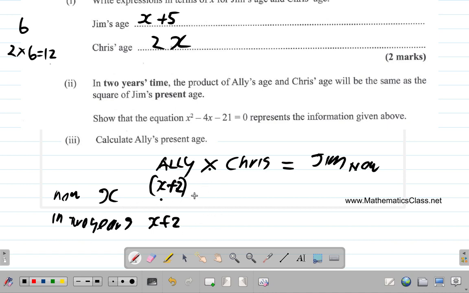Right now, Chris is how much? Chris is 2x. So in 2 years' time, Chris is going to be 2x plus 2. Equal Jim's present age. Jim is how much? x plus 5. Jim's present age, so just keep it as x plus 5. The square. Jim squared now.